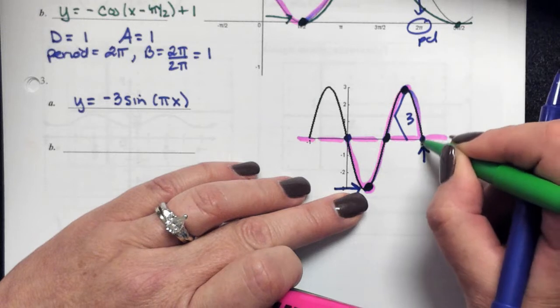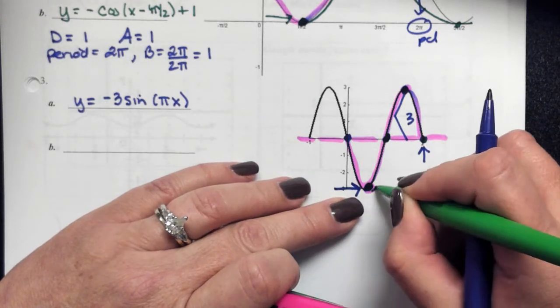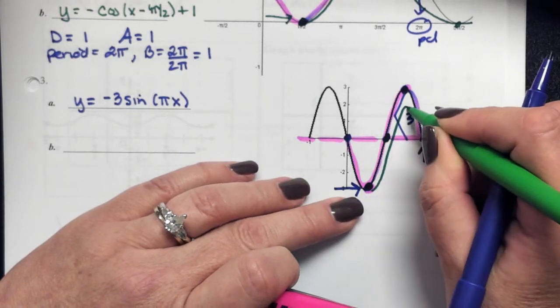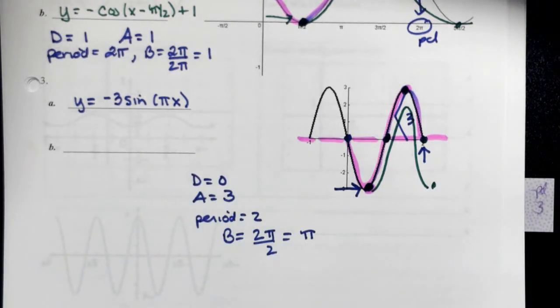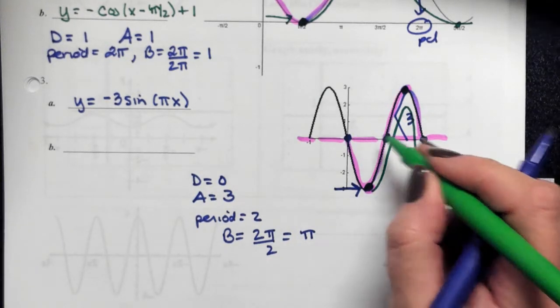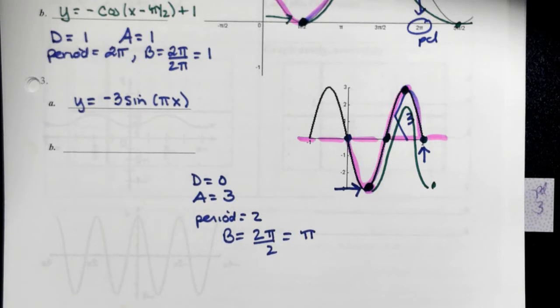Baseline, maximum, baseline, minimum. What kind of curve is that going to be, a sine or a cosine? Cosine, but what's special about this cosine? Reflected.